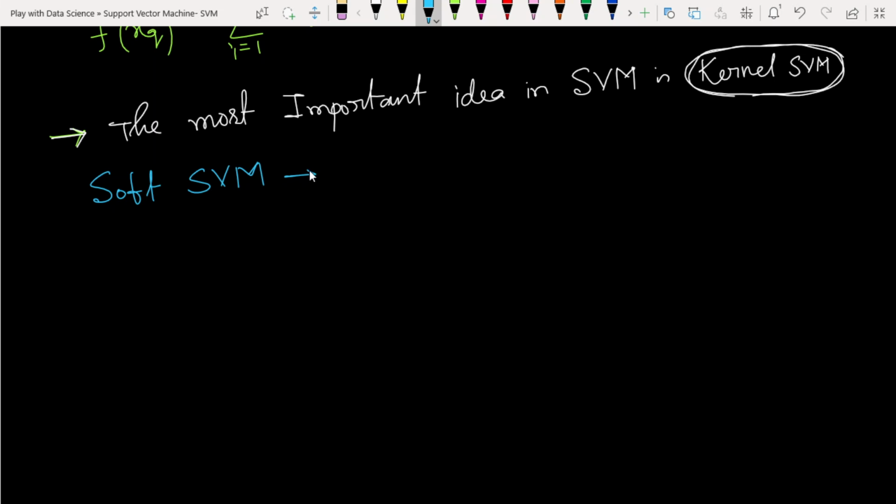We find this hyperplane using the margin maximization technique.